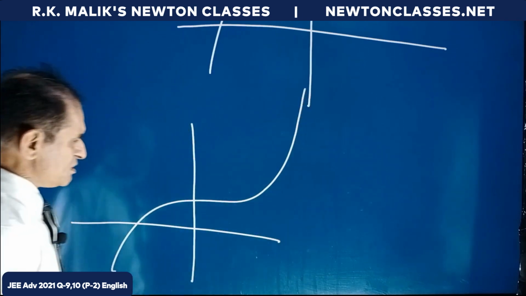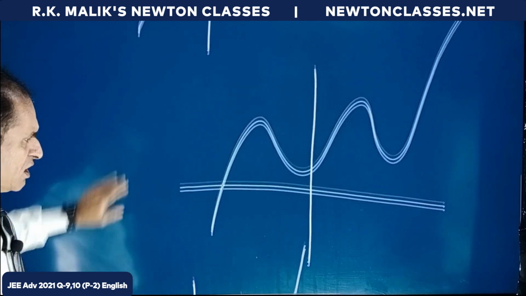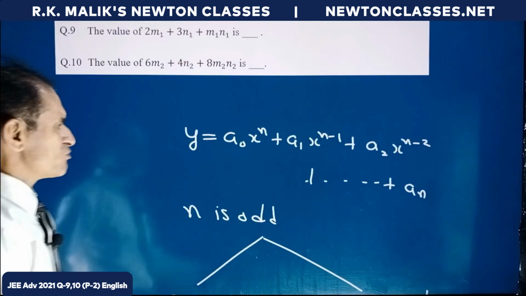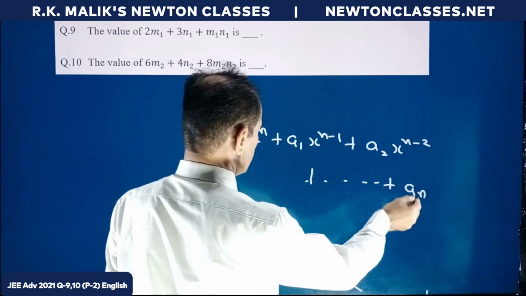The graph can be this also. There are so many possibilities. Which of these graphs will be there actually depends upon the values of a0, a1, a2 up to an.